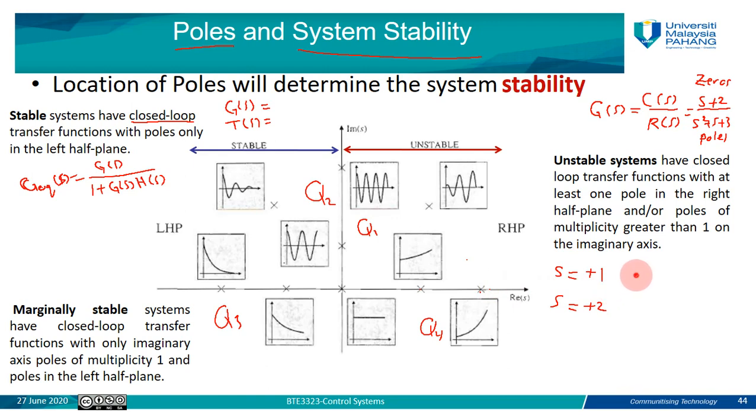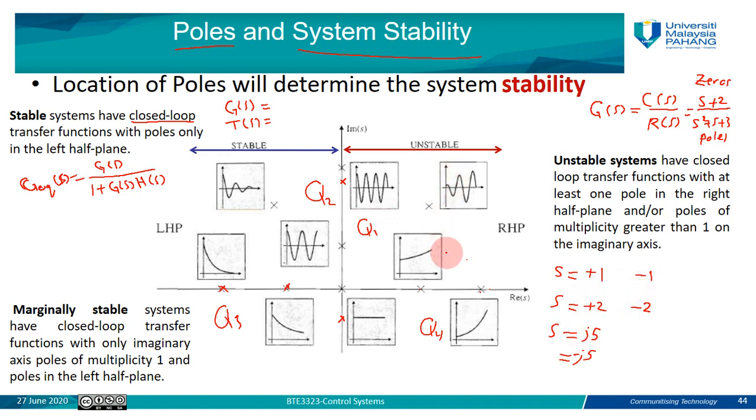If your poles are negative 1, negative 2, for example, that means they will be located on the real axis of the negative part of S. If your S is an imaginary number, for example j5 or negative j5, it will be located on either the positive imaginary axis or the negative imaginary axis. So it will be on the axis here. So these are imaginary numbers. Here we have real numbers and here imaginary numbers.